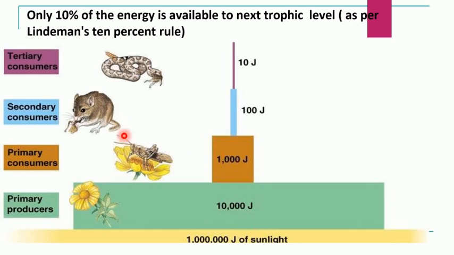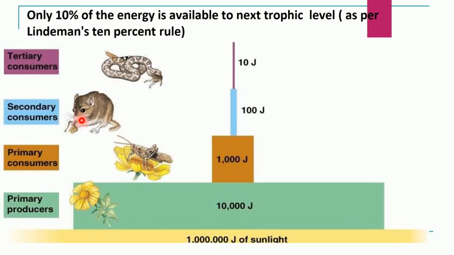Now these herbivores are eaten by the secondary consumers. Here also the energy is lost for different metabolic activities like respiration, reproduction and other physiological activities, and very little energy is given to the next trophic level. So the secondary consumers will get very little energy, so they will have to eat many herbivores.